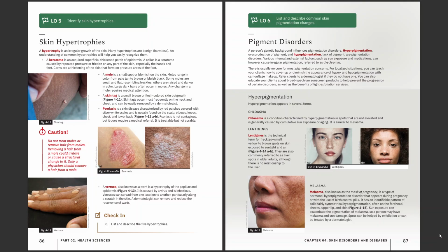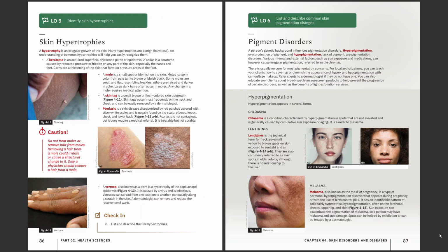Pigment disorders. A person's genetic background influences pigmentation disorders. Hyperpigmentation, overproduction of pigment, and hypopigmentation, lack of pigment, are pigmentation disorders.